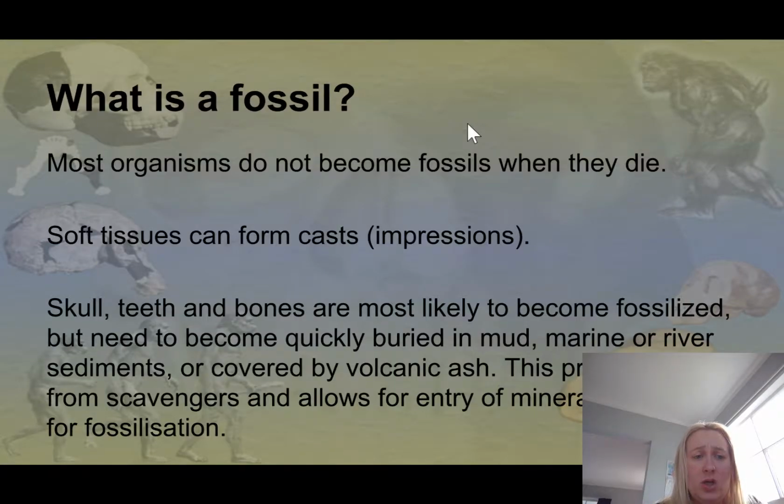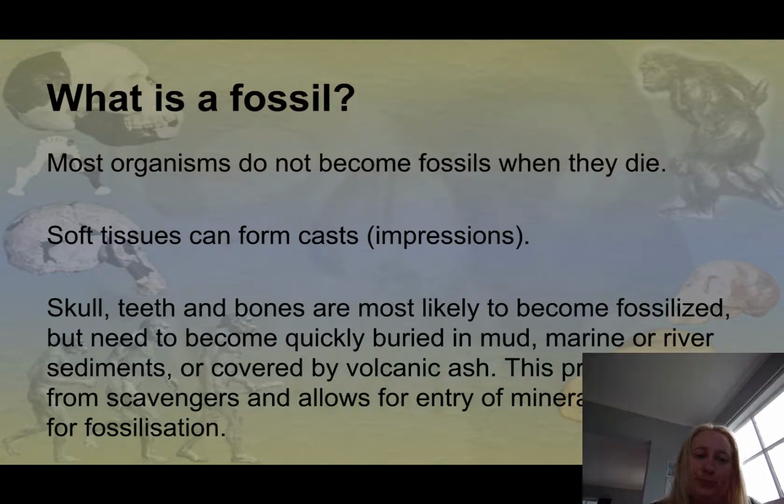So what is a fossil? Most organisms do not actually become a fossil when they die. They have to be in the right place at the right time, I guess is a weird way to put it. But they need to be in very specific environmental locations to actually become a fossil.